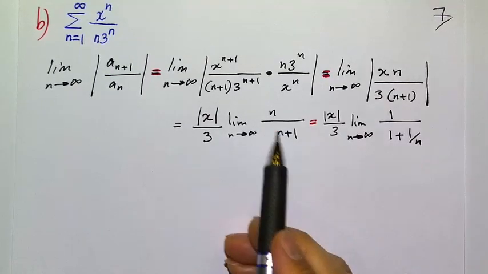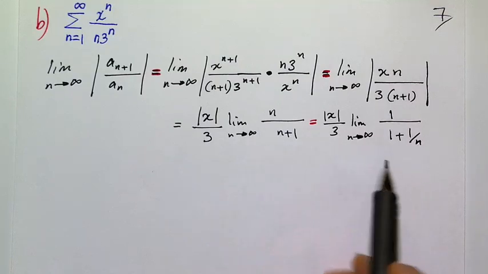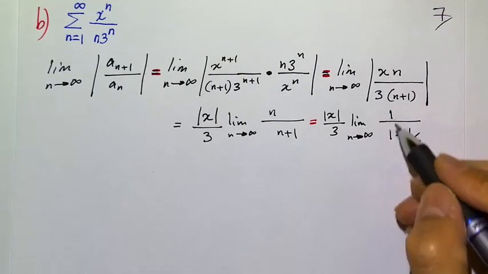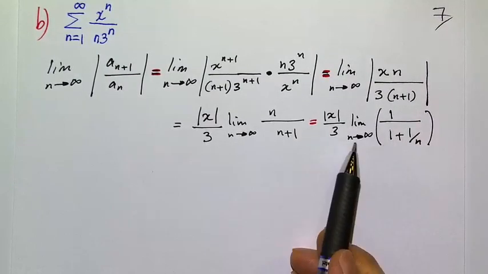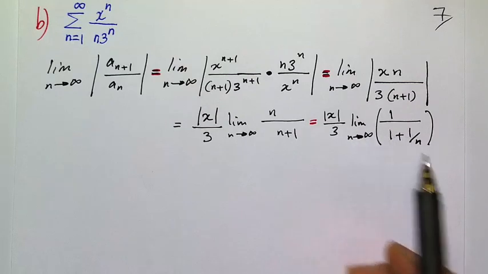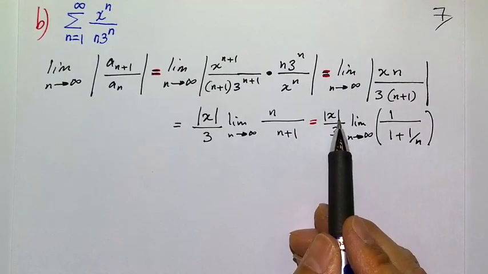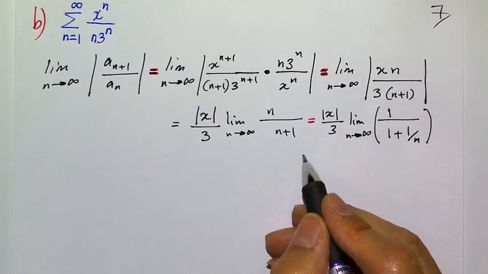So we just divided every term by n. Okay, so now this whole thing will reduce to 1, right? Because if you apply the limit, this will be 0. 1 over 1 is just 1. So we'll end up multiplying absolute value of x over 3 by 1, which is absolute value of x over 3.